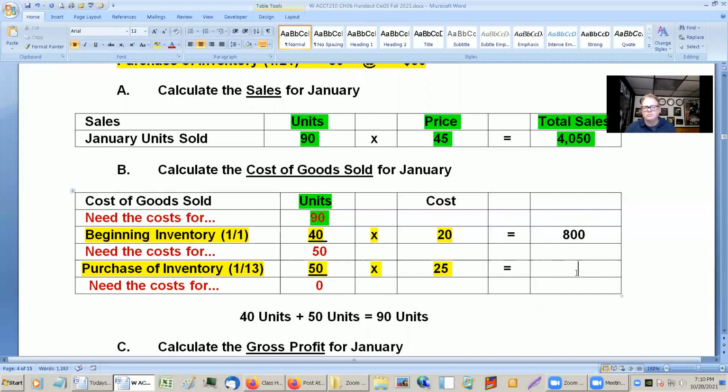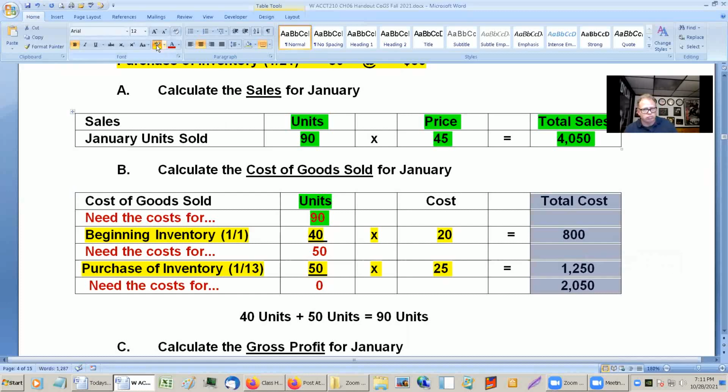And this is 50, 1250. 2050. Oops, that's not right. Hold on. Okay, so that would be the total cost, so this would be our total cost of goods sold to be that.